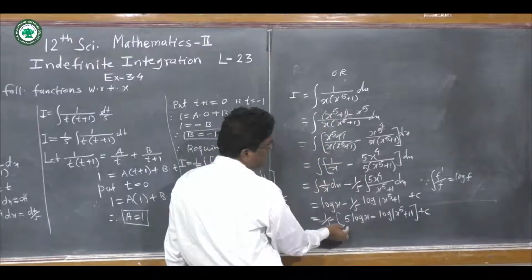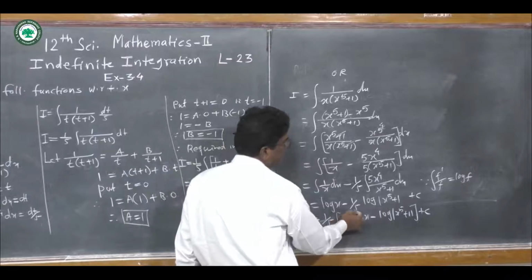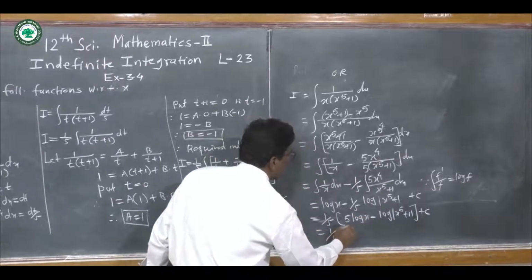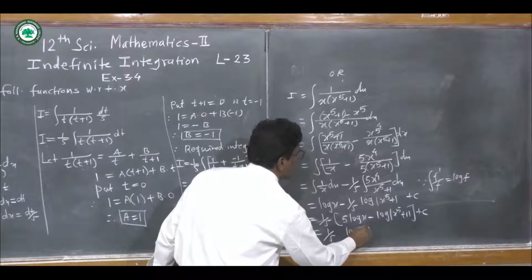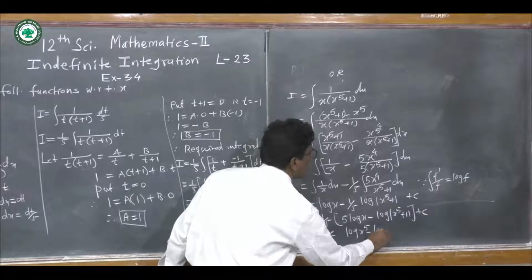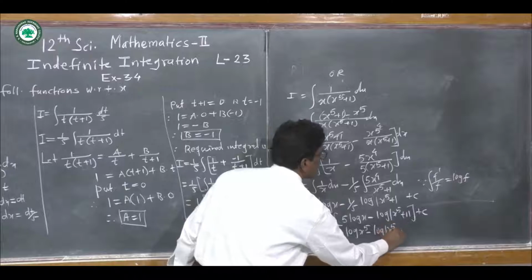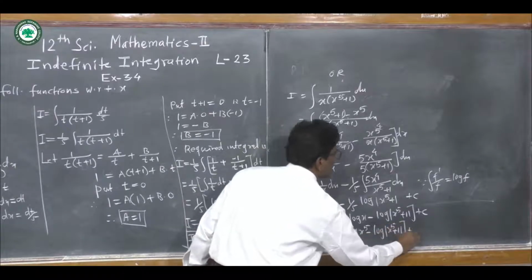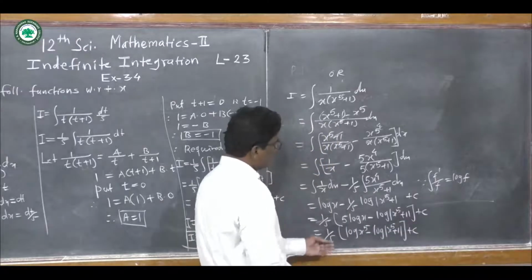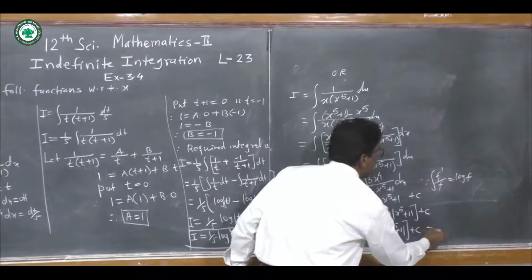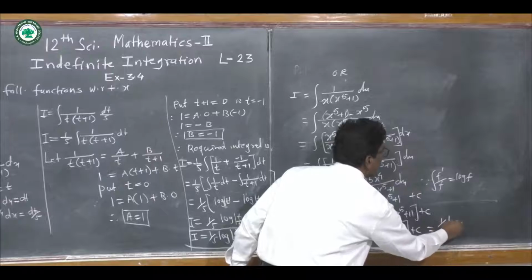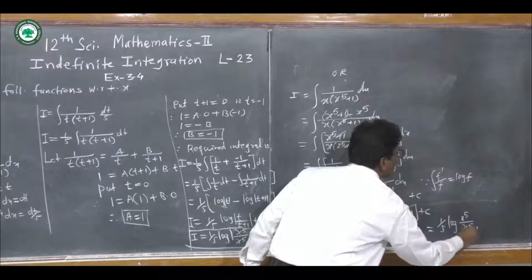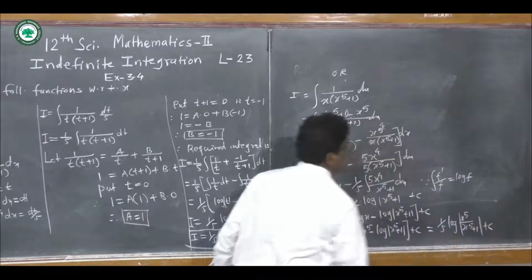By the rule of logarithm, we take this 5 as a power, and so it is equal to 1 upon 5 log of x to the power 5 minus log of x to the power 5 plus 1, plus constant of integration. And now take log common, so we get here 1 upon 5 into log of x to the power 5 divided by x to the power 5 plus 1, plus constant of integration.